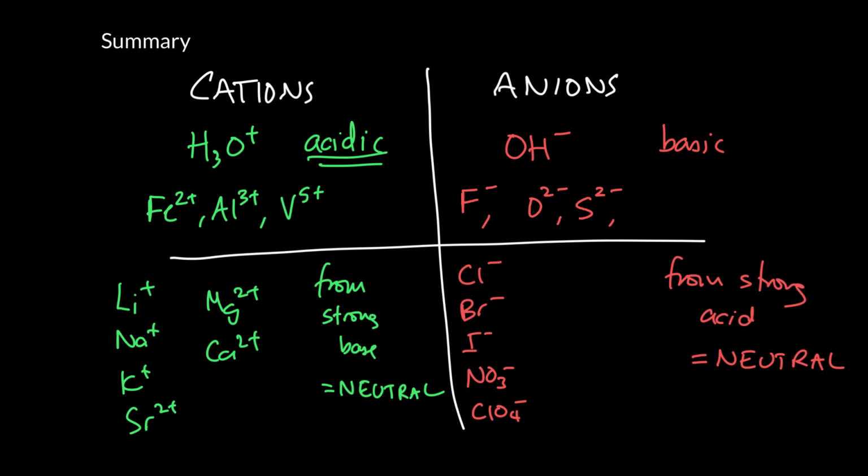These are actually quite strongly basic. But everything else, so you've got phosphide ion and nitrite ion and the bicarbonate ion, you name it. So it's normally a lot easier just to remember everything from the strong acids and bases, and then you just recognize that all other cations are going to be acidic, all other anions are going to be basic. If they come from a strong acid or base, they're going to be neutral.